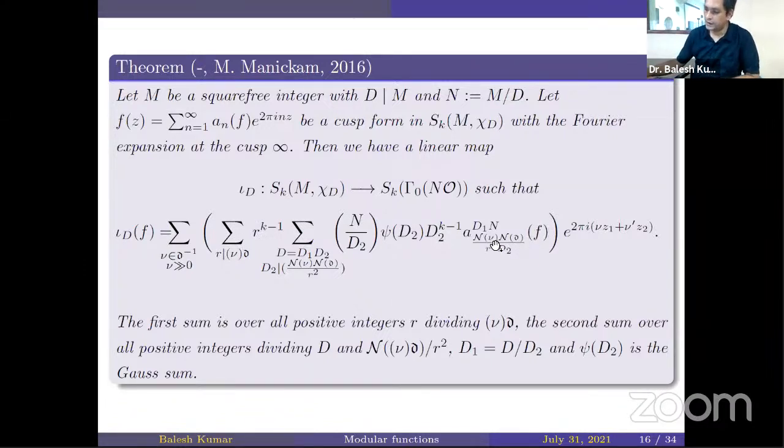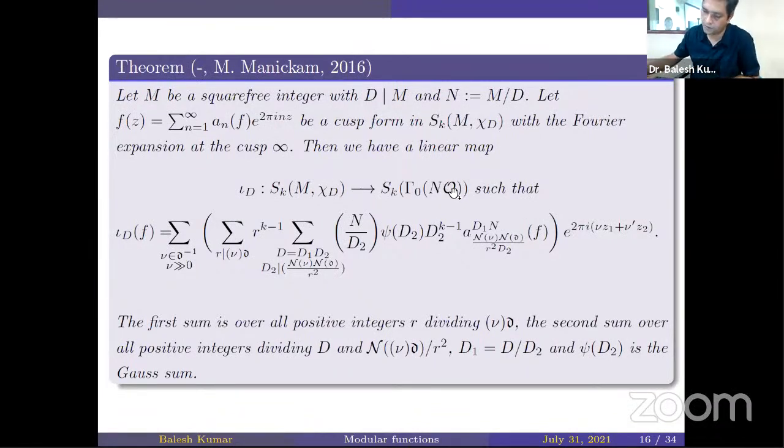And these notations are such that the suffix below corresponds to the index of the Fourier coefficient, and d1n corresponds to the Fourier coefficient of f at the cusp d1n. Yeah, so this is a certain complicated notation, and this is generalized from level D with character chi_D to level m with character chi_D, which can be lifted to level m/D.